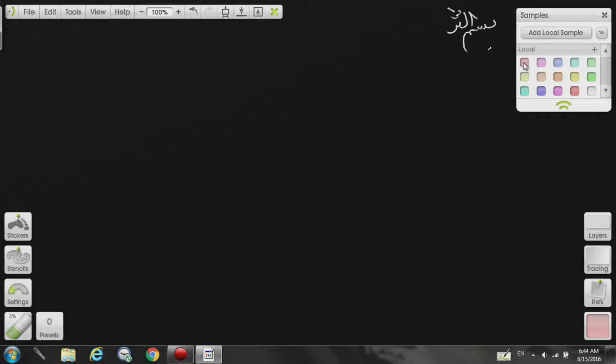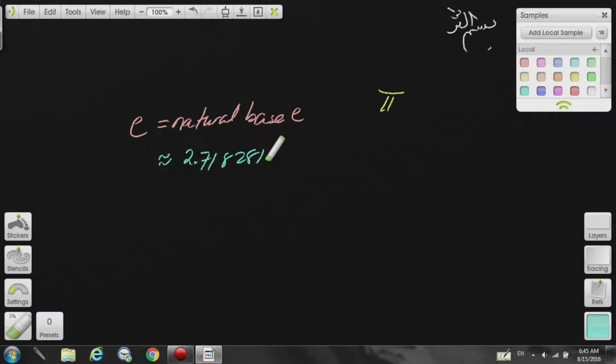Before we even begin, I just wanted to introduce you to a number called E, also known as the natural base E. E is a number like pi is a number. It's one of those famous numbers, and just like pi, it shows up in unexpected places. The approximate value of E is 2.71828 and so on.